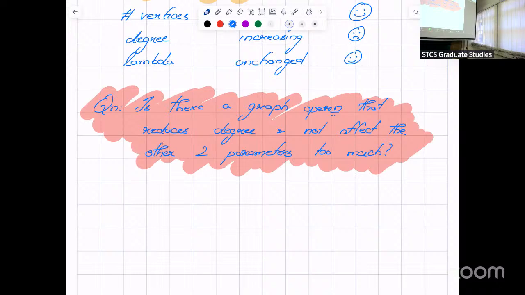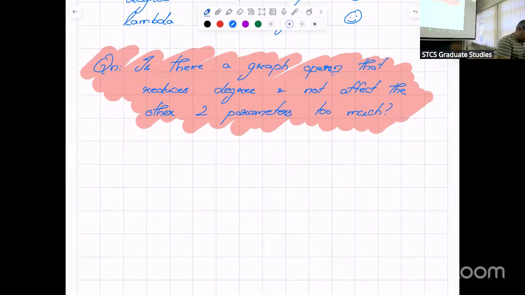So we want another operation which will reduce the degree, to undo the effect of powering and squaring with respect to degree. We want to undo it. So the most natural such operation is what is called the replacement product.